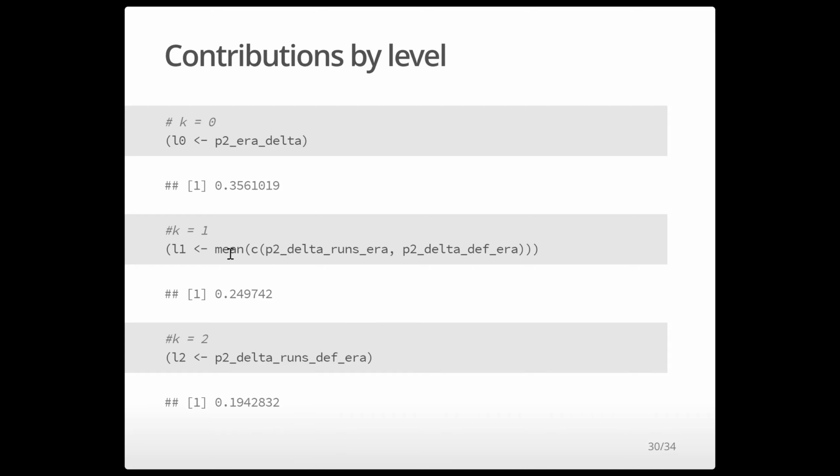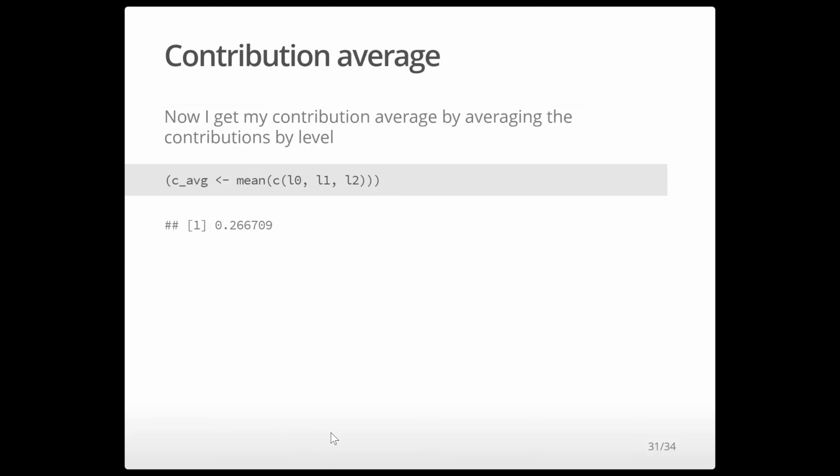So that gives me my contribution at level 1, and then contribution at level 2. Again, I just have one model here, so it's just the p squared there. And then I'm going to average all of the contributions by level, and that's going to give me my contribution average for ERA from the full model.